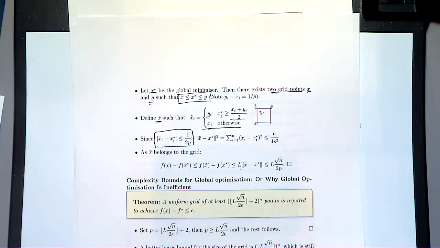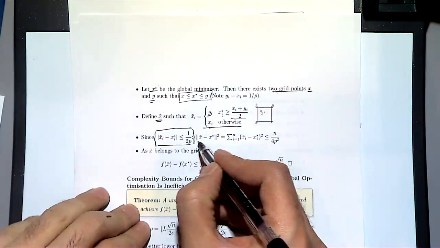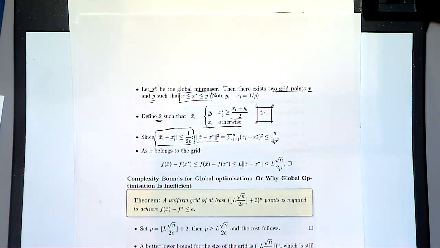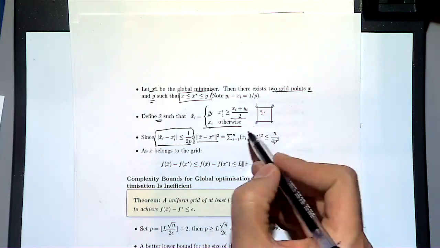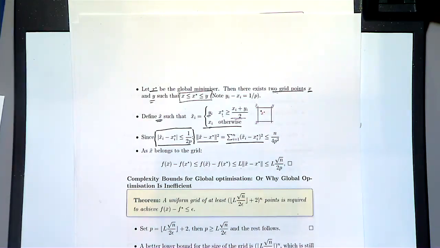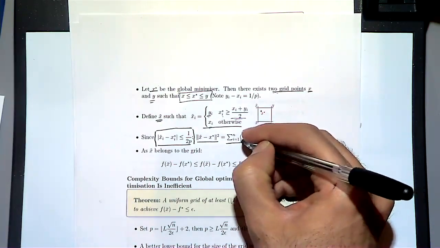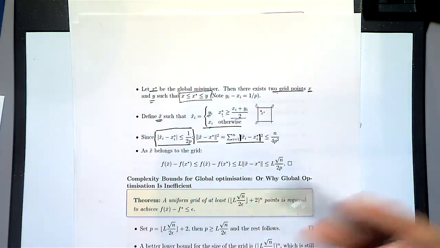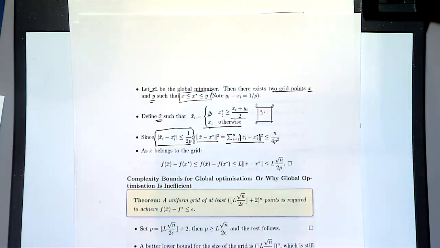Okay? So I know this. So the Euclidean distance between x tilde and x star, the square of the Euclidean distance, becomes like this. I just wrote the definition. Each of these is less than 1 over 2p. So if I square it, it becomes n over 4p squared. So here it's just algebra. It doesn't matter if there were brackets or absolute values. I use this relationship there.